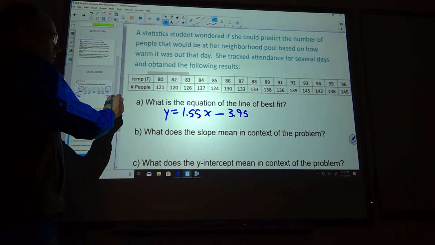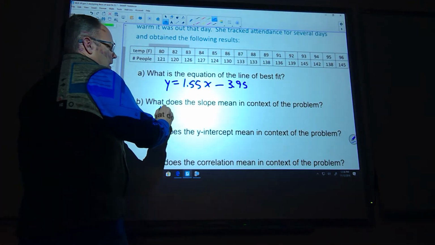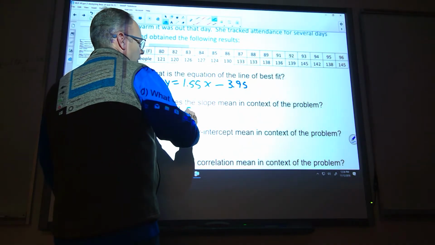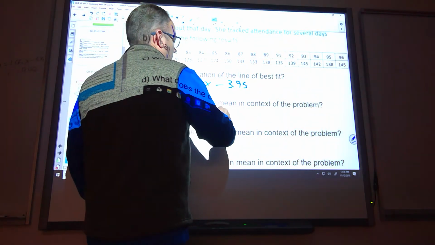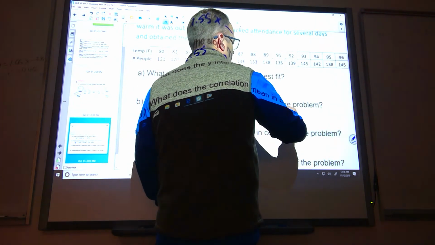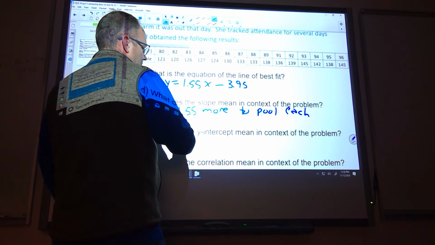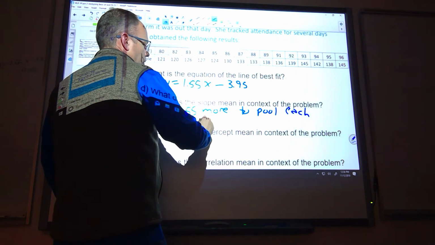All right. So what does the slope mean in the context of this problem? You get 1.55 more people to the pool each degree the temperature goes up.